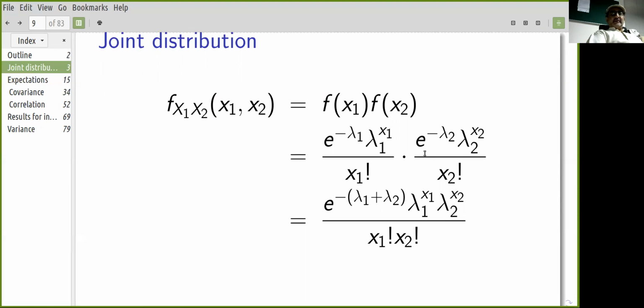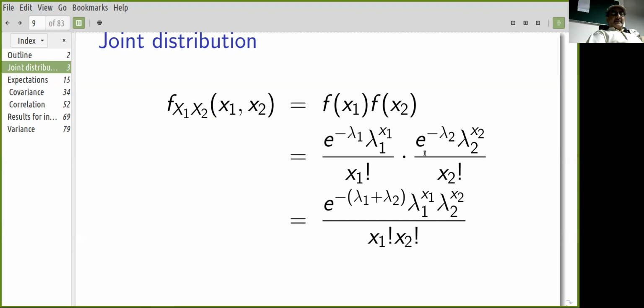And for another Poisson random variable with rate lambda 2, its PMF is e to the negative lambda 2, lambda 2 to the x2 divided by x2 factorial. And if we multiply the two of these together, that will give us the joint PMF, since we were told that x1 and x2 are independent random variables.